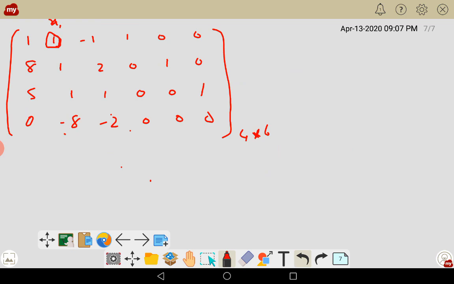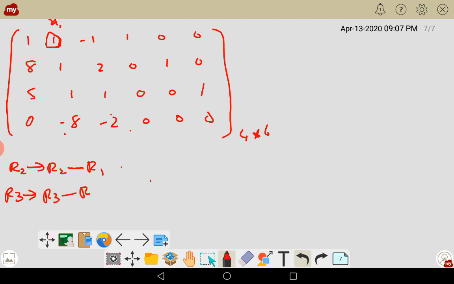So we are going to write formulas for this. No change in R1, but change occurs in R2. R2 is R2 minus R1. Obviously, R1 is the leading element row. What is it for R3? R3 again, R3 minus R1.